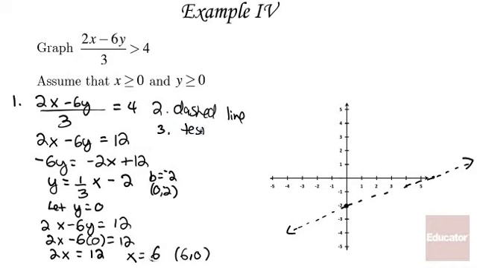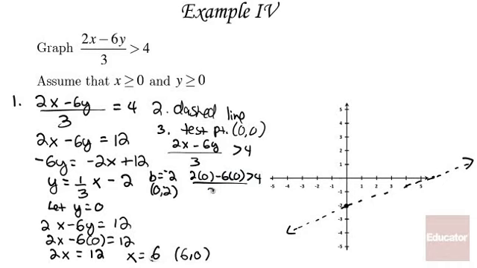I use my test point of 0, 0, and I go back to my original inequality. 2x minus 6y divided by 3 is greater than 4. So 2 times 0 minus 6 times 0 is greater than 4, and that's all divided by 3. 0 divided by 3 is greater than 4. So I come up with 0 is greater than 4. Is 0 greater than 4? No. Since that does not satisfy the inequality, that means that this point is not in the correct half plane.